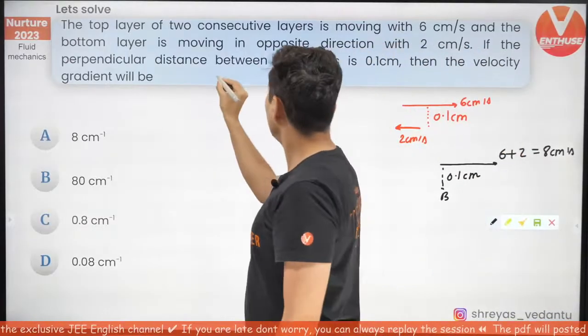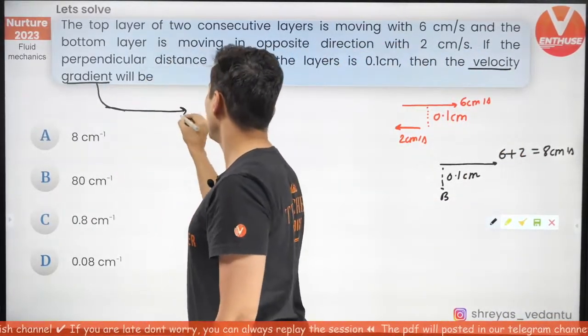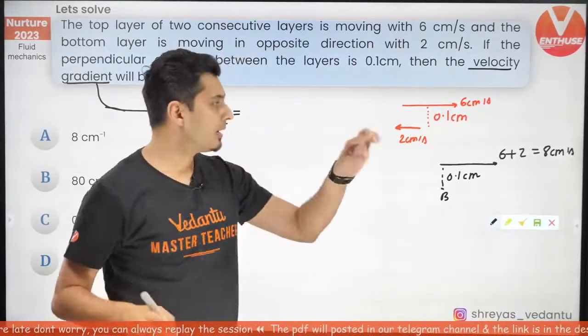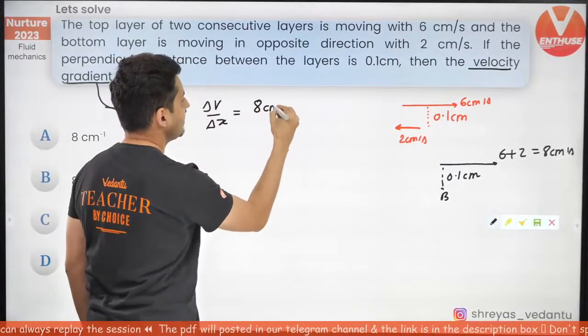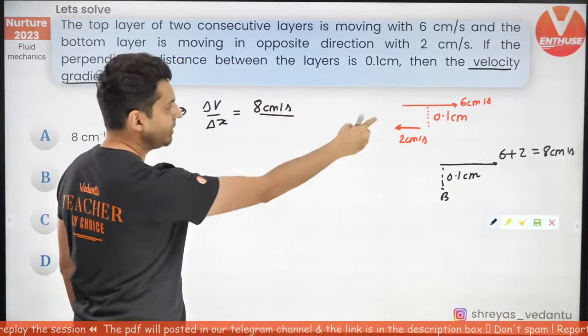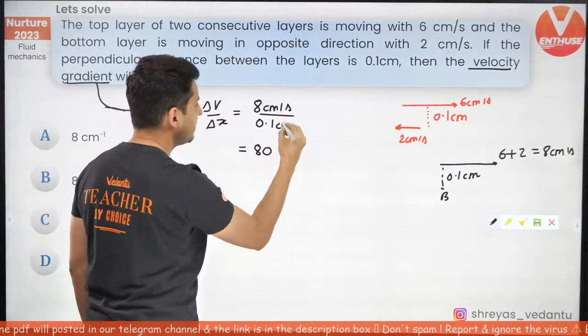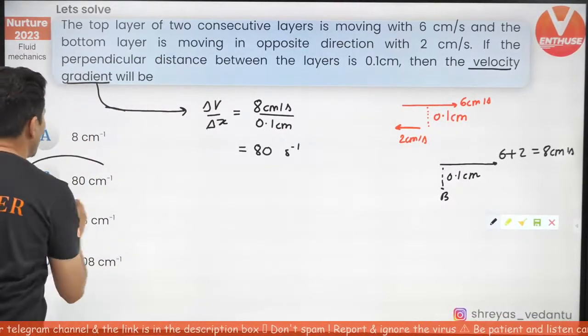So hence the velocity gradient will be del V by del X, change in the velocity from one layer to the next, which is 8 centimeters per second, divided by 0.1 centimeter, that's 80 per second, or second inverse. So I think it should be option B.